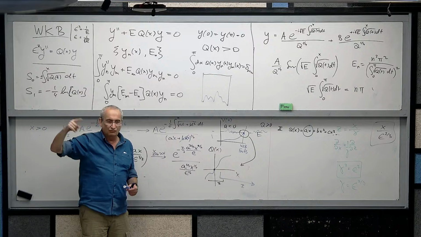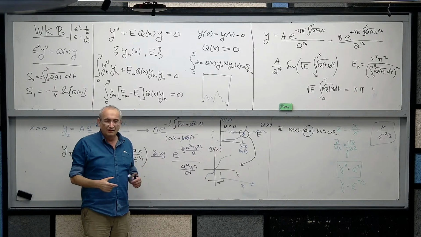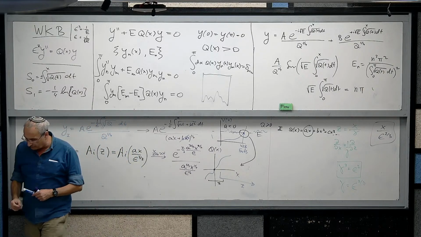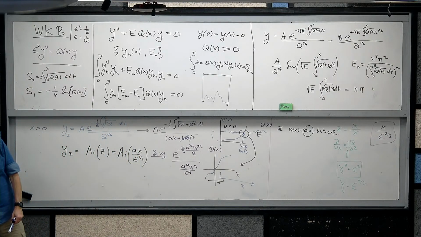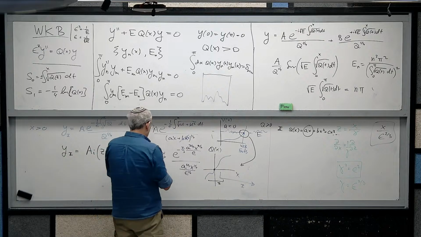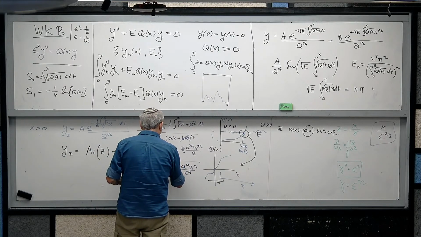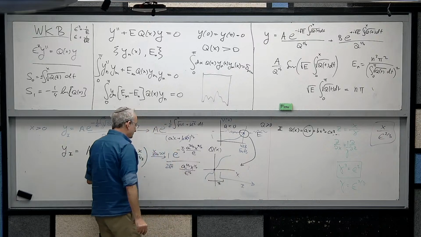You have to decide what Airy of 0 is. And the actual constant, if you look at the holy books, is 1 over 2 square root of pi. So we have here an extra constant, which is 1 over 2 square root of pi.